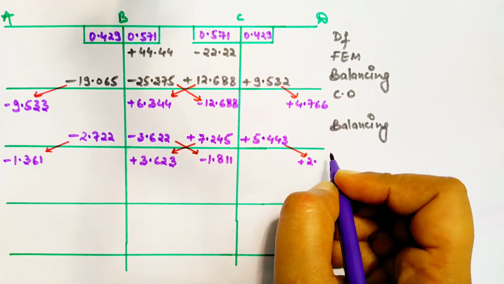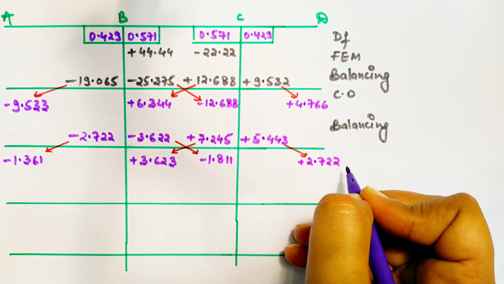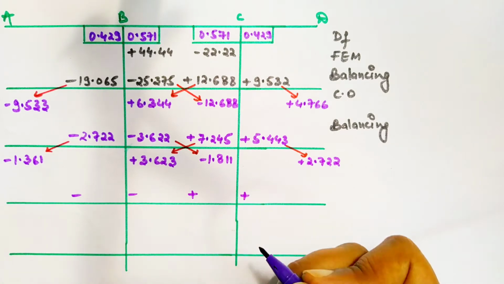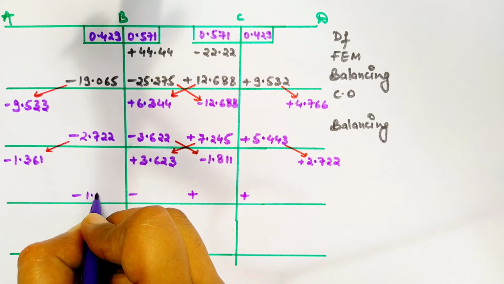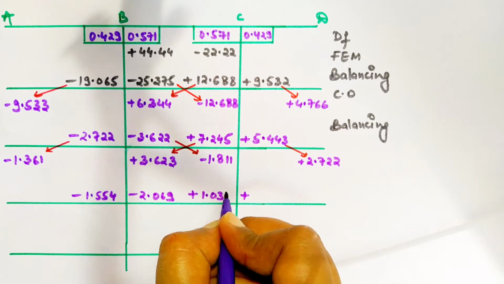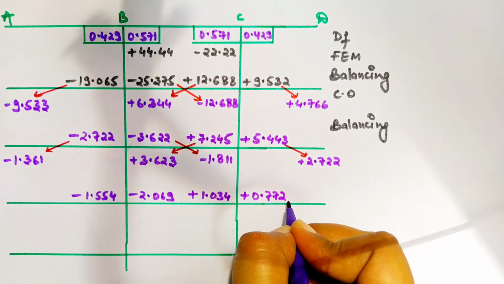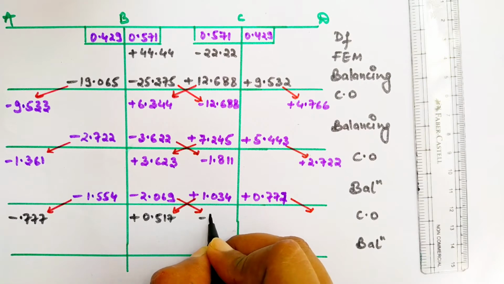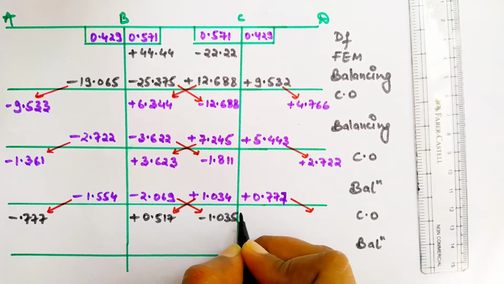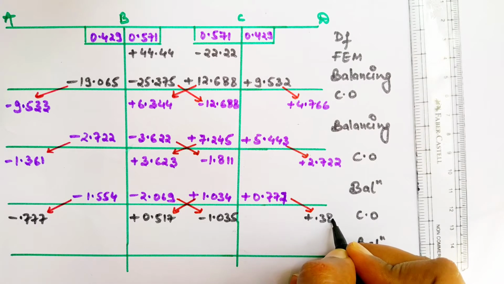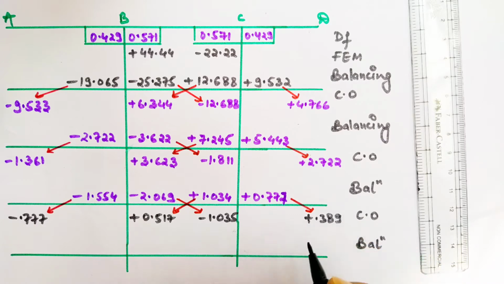I am forwarding the video a little faster so that you can understand. You have to repeat the same procedure at least 4 times until the moments on the left side and right side of the support come equal and opposite. So opposite sign multiplied by DF, then carry over with the sign.